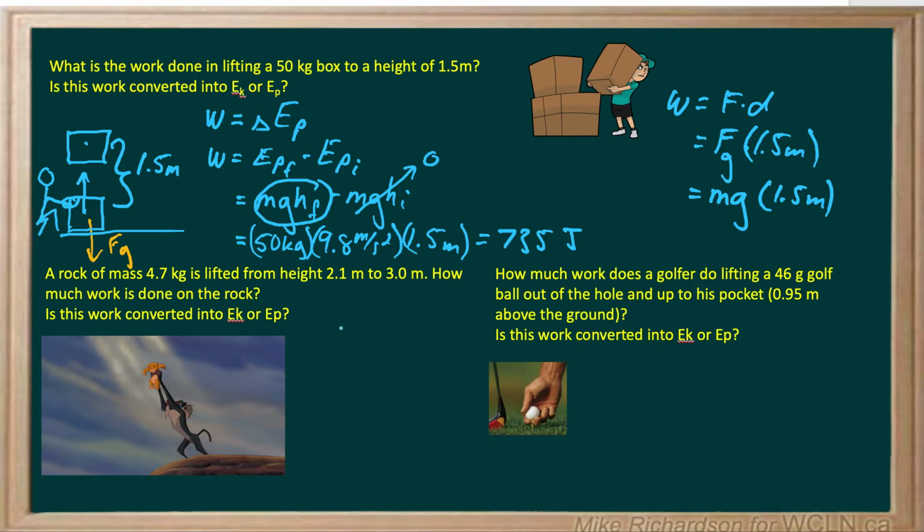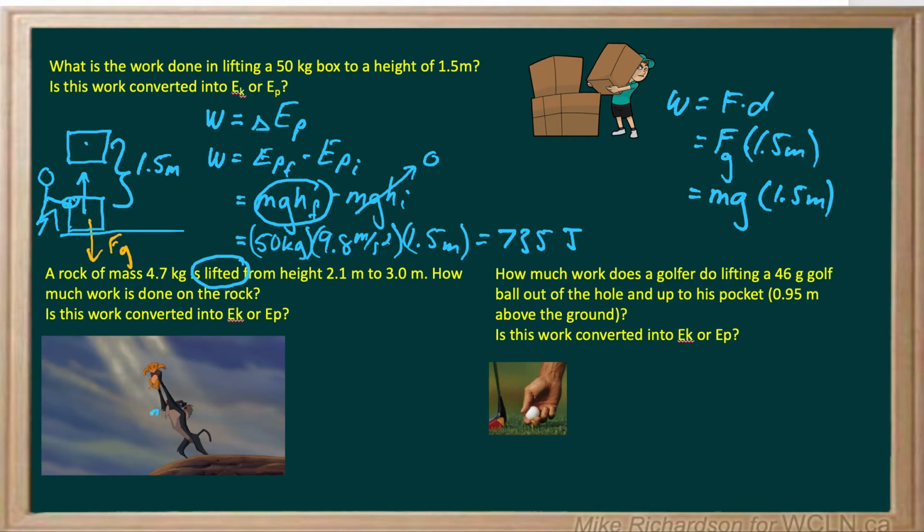Next question. A rock of mass 4.7 kilograms is lifted from a height of 2.1 meters to a final height of 3 meters. How much work is done on the rock? Now again, we're lifting it, so we're giving it potential energy. We're gaining height with that. Now, I don't have a picture of a rock, but this serves a purpose. So we can see we've got this little line here lifted high.